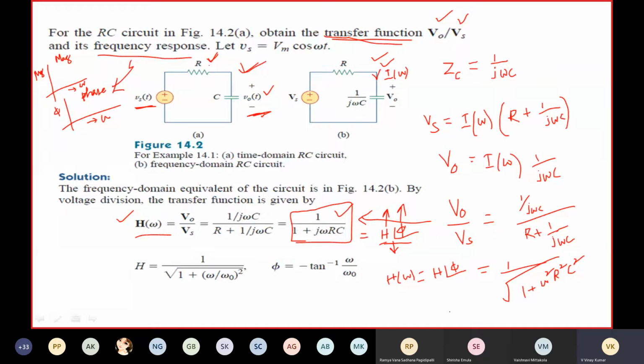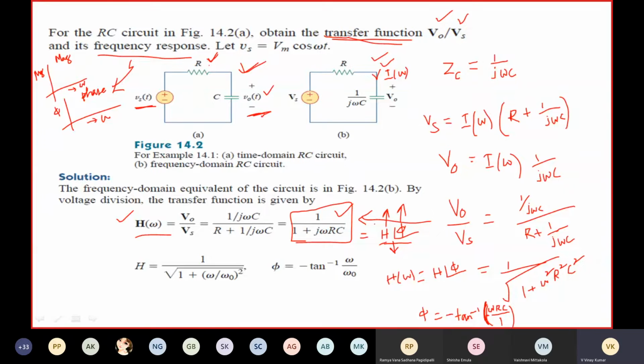This is the magnitude, right? Coming to the phase angle, phi is equal to minus tan inverse of omega RC by 1, imaginary part by real part.